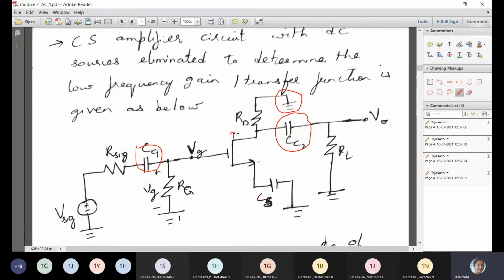So this is your drain, this is source, and this is gate. You apply a signal voltage through a signal resistor R signal, and then the input resistance RG is applied to the gate terminal. Similarly, you have a load resistor connected to the output node, which in the common source amplifier is the drain terminal.